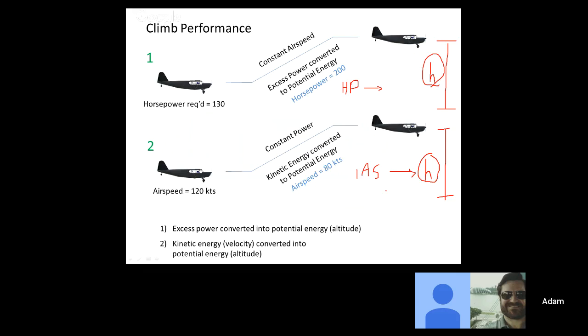And so you'll quickly become familiar with, hey, I'm going to plan a constant power climb, so I will expect my airspeed to go down. Or I'm going to maintain an airspeed, but I'm going to have to give my aircraft engine more juice to maintain that airspeed. All part of getting to know the airplane you're flying.